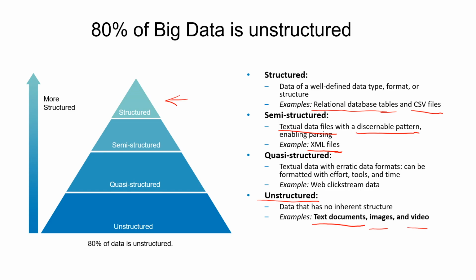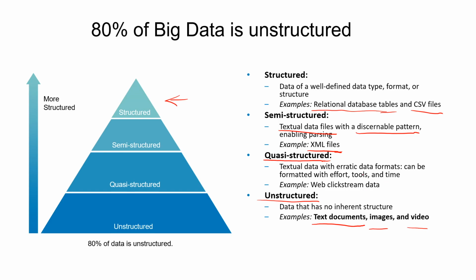And what it does is try to find a structure in the HTML files, and then tries to extract some structured data out of it. So HTML files could be data that looks like that as well. Sometimes that goes into the quasi-structured data category.